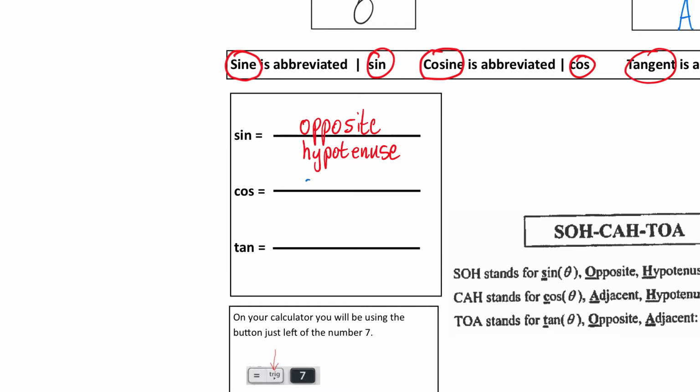The cosine is the adjacent over the hypotenuse. And then the tangent, as we've already been talking about for the last couple of days, is the opposite over the adjacent.